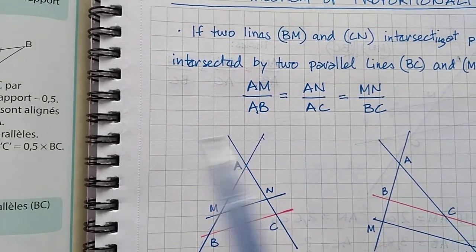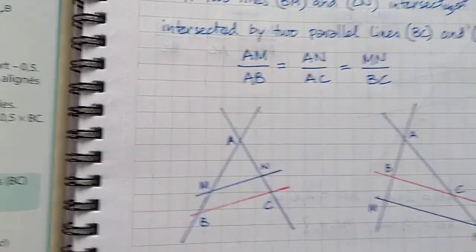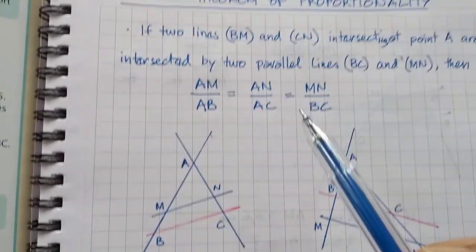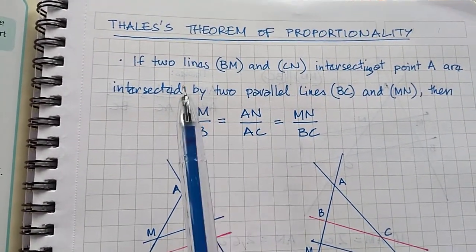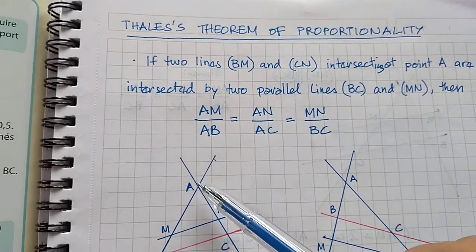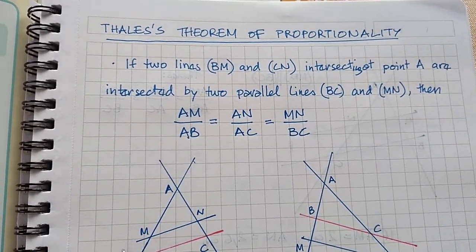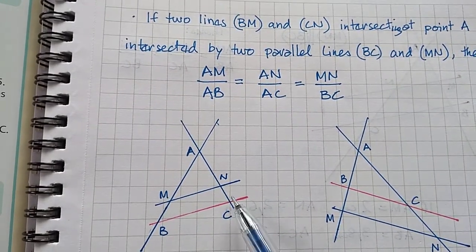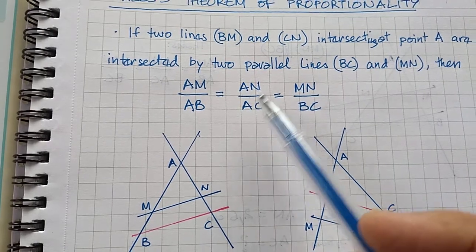It's a bit similar to what we were just discussing with agrandissement and réduction, but this is a formal way of stating the théorème de Thales. If two lines BM and CN intersecting at point A are themselves intersected by two parallel lines MN and BC, then these ratios are all equal.